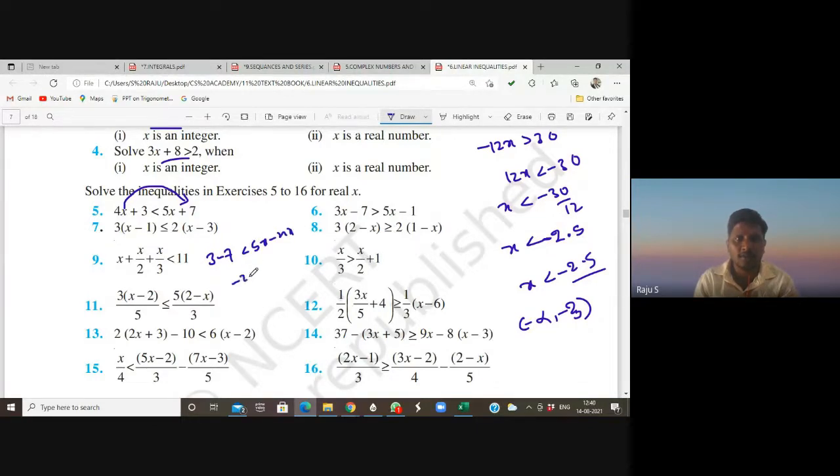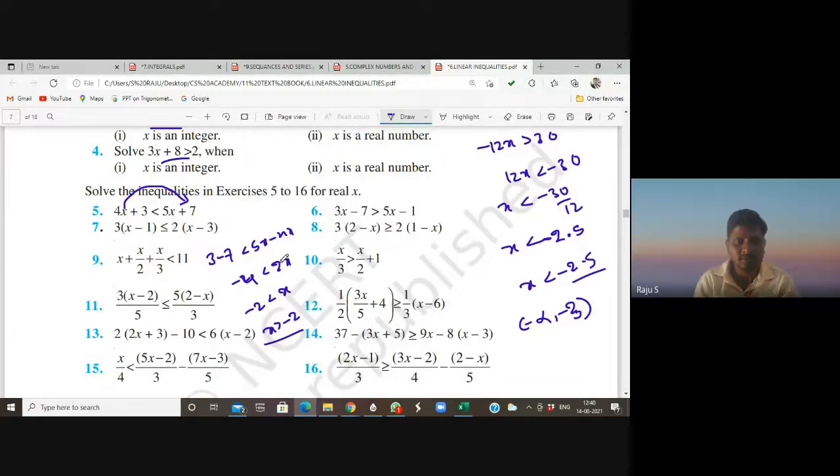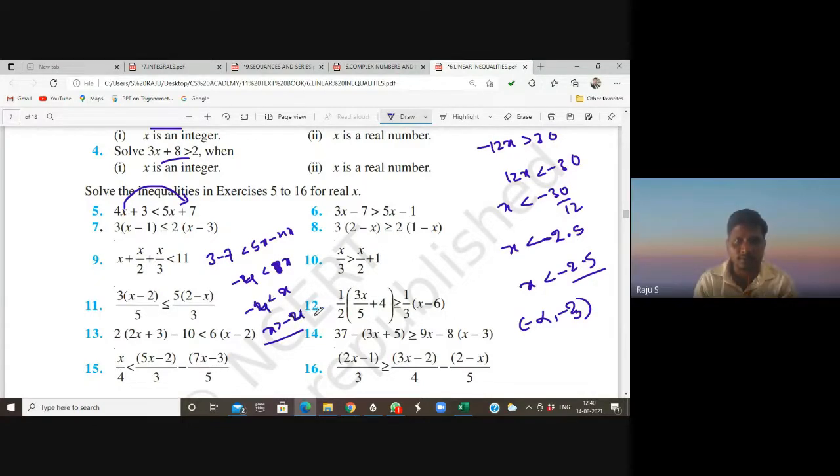Nothing but minus 4 is lesser than x. So x is greater than minus 4. X greater than minus 4 is the answer.